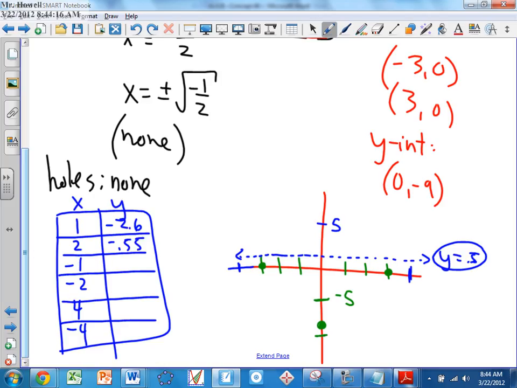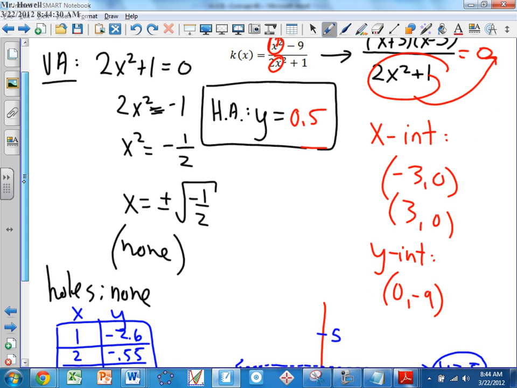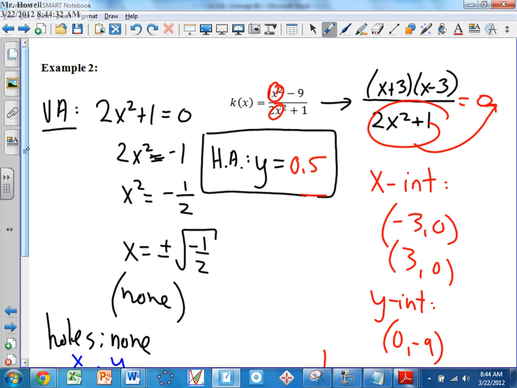Did you get -2.6 repeating for the first one? And then -0.5 repeating for the second one? Did the other ones come out to be the positives? Let me look actually if it's an even function or not. Yeah, it should be.